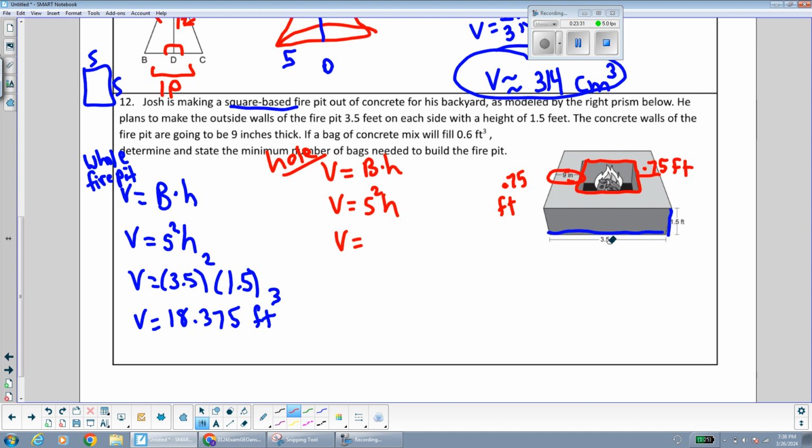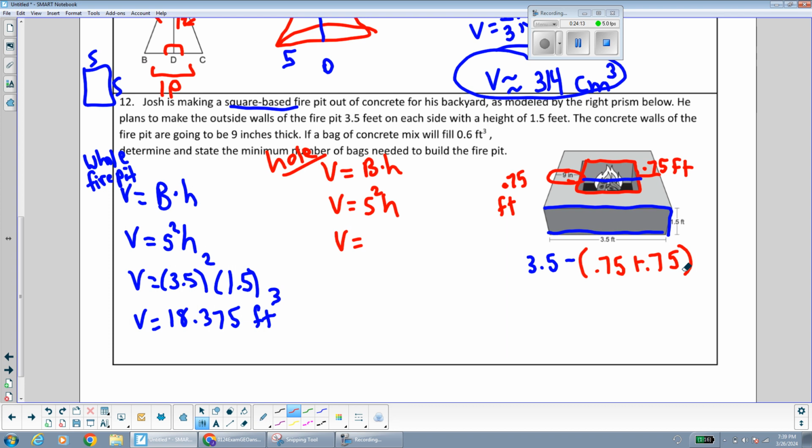So this whole segment was 3.5 feet. So this is this, take away these two pieces. So I'm going to take 3.5 and I'm going to subtract 0.75 of a foot plus 0.75 of a foot, which is 1.5 feet.